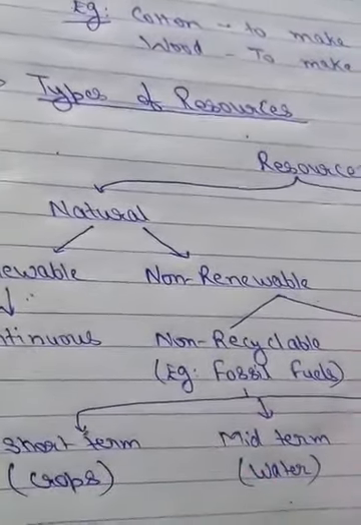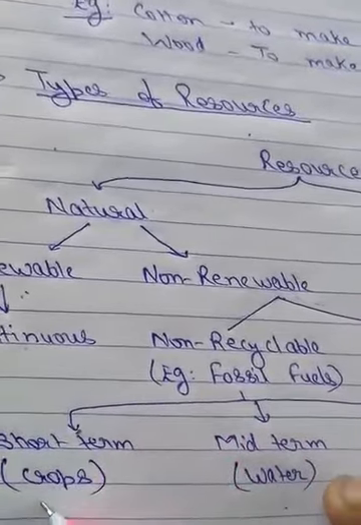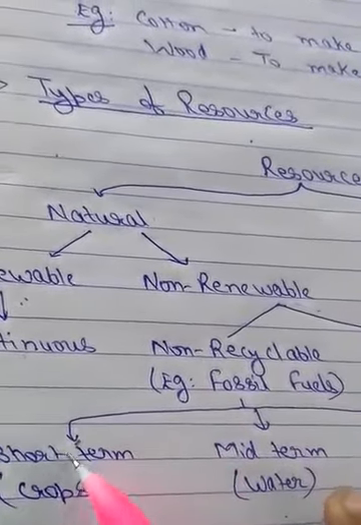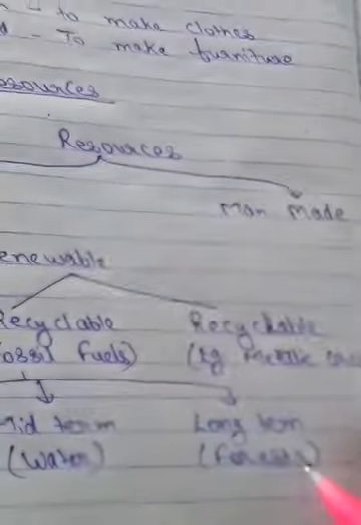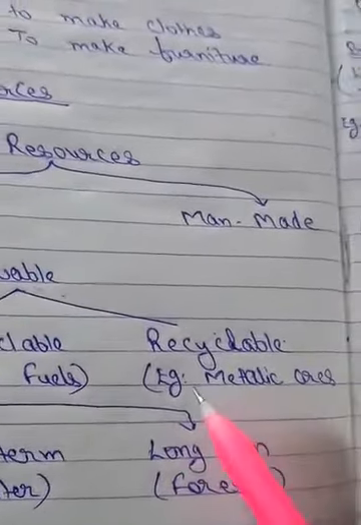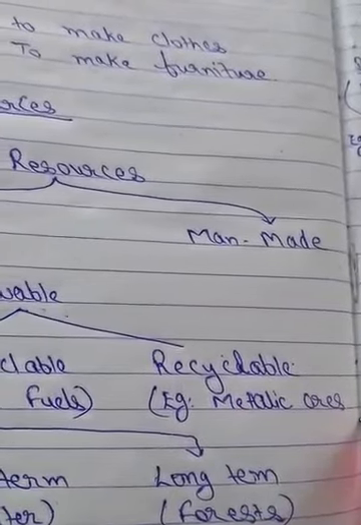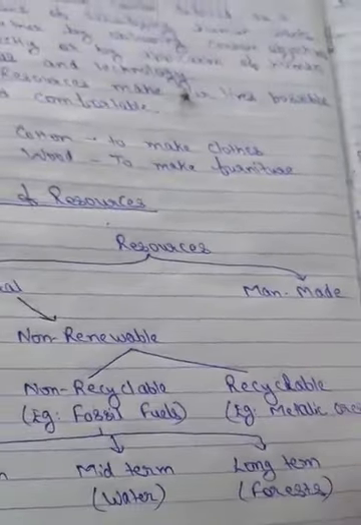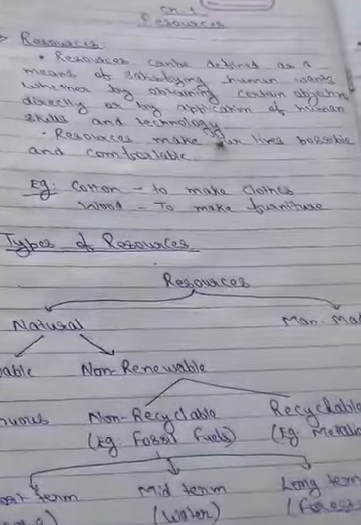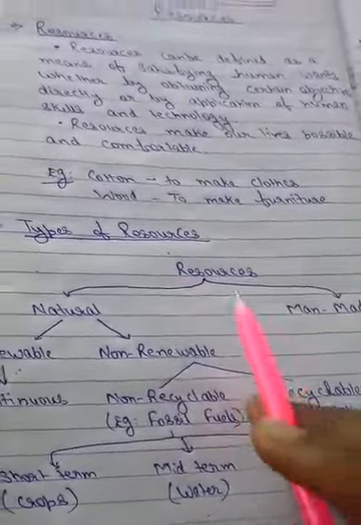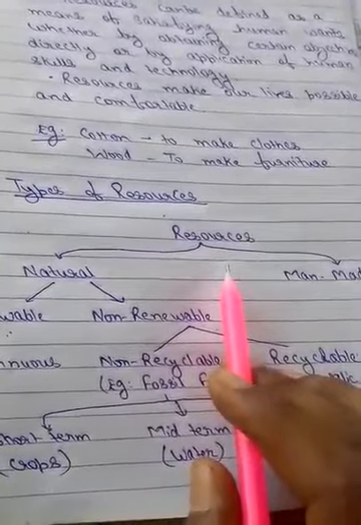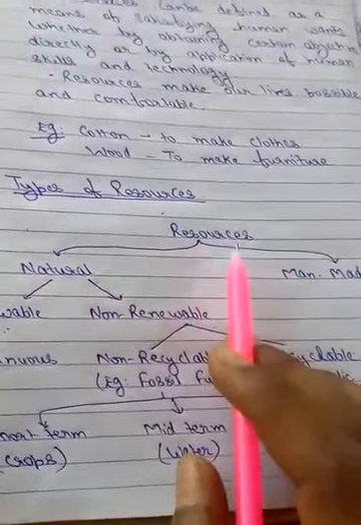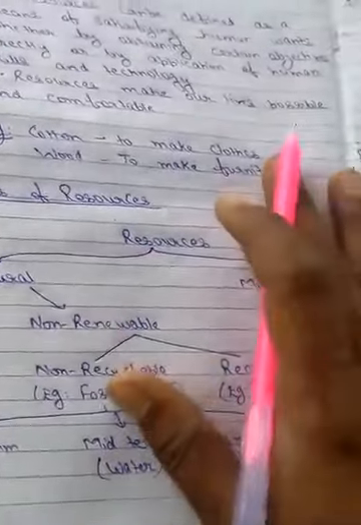In the short term we say crops, in the mid term water, and in the long term forest. Recyclable materials, you know. It will be easy to understand by making this picture, so you must make this picture.